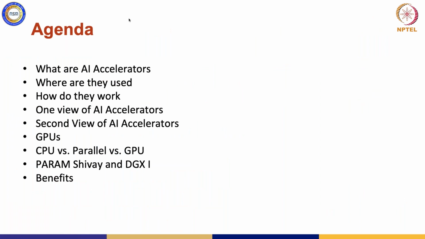We'll first start with what AI accelerators are, where they are used, how they work, one view of the AI accelerators, and a second view of the AI accelerators. Then what these GPUs are, and how you think of writing a program to just run on a CPU, as against a multi-core or parallel program, versus a program which you write on a GPU.